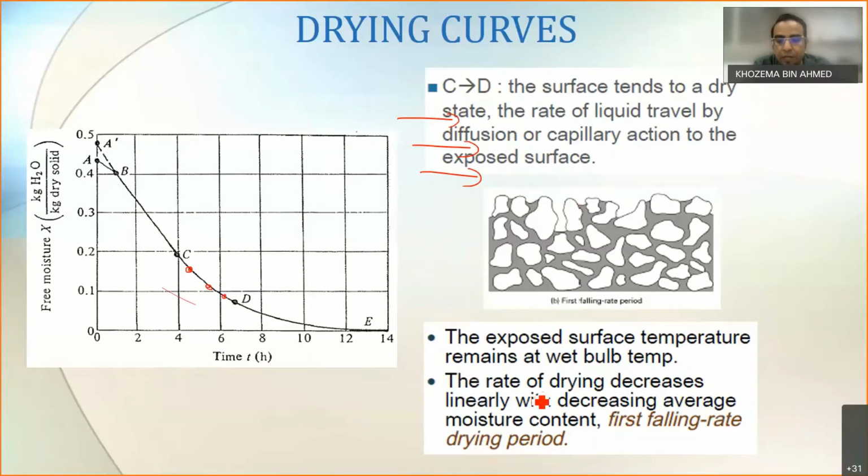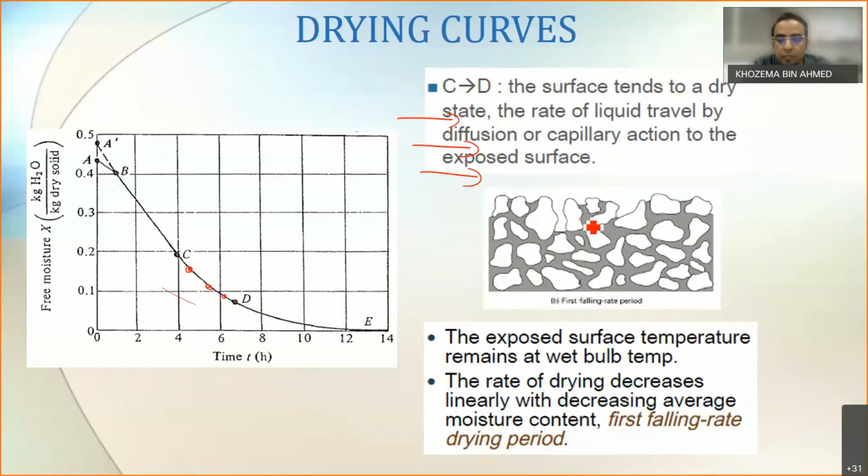The rate of drying decreases linearly with decreasing average moisture content. So from C to D is known as the first falling rate drying period. Meaning that if you have your water, this is your surface.